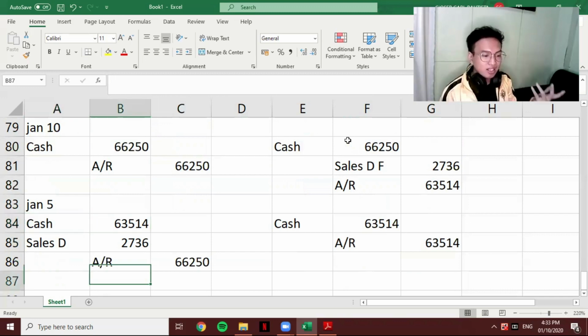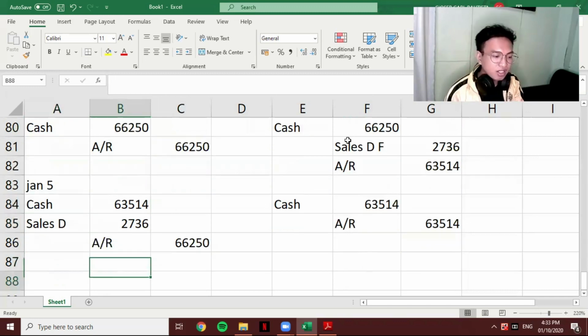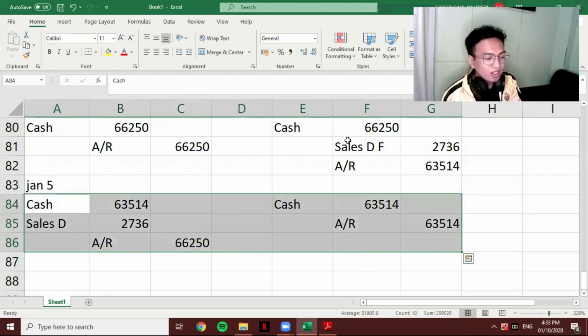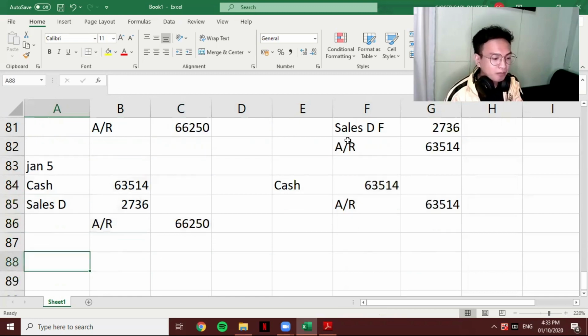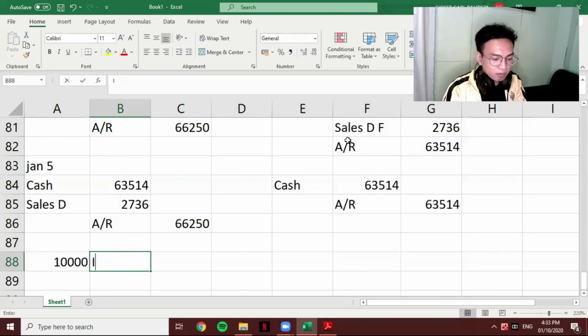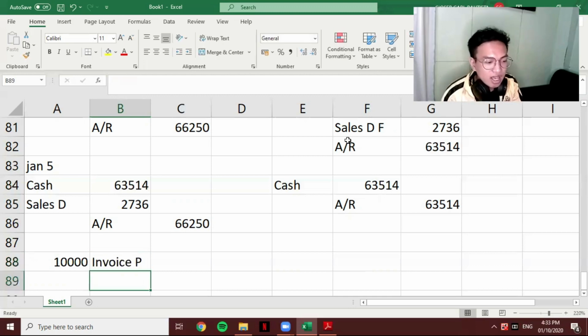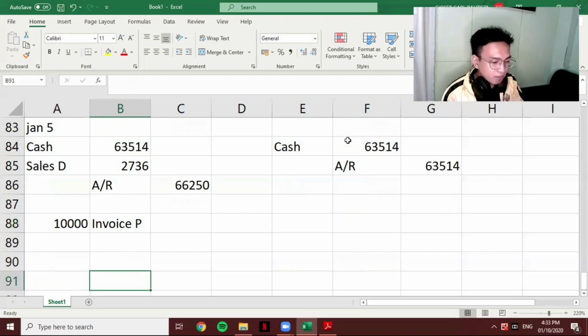Lagyan natin ng return. Return if they took the discount na lang para mas mahirap. However, ang binigay na ay 10,000 na invoice price na. Invoice price, not list price. Therefore, wag na po nating bawasan ng trade discount si 10,000.